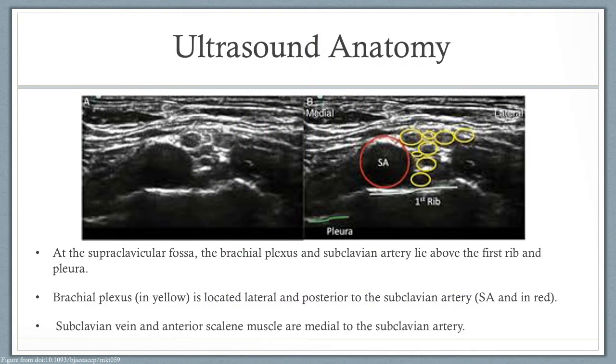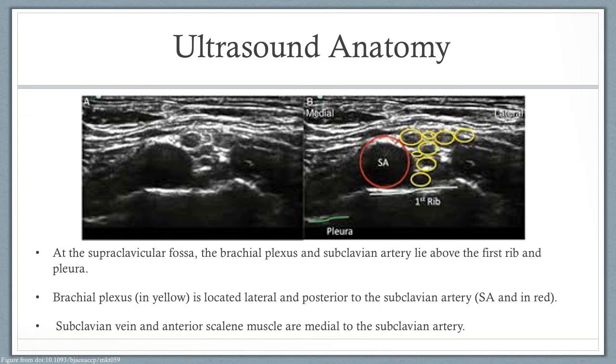At the supraclavicular fossa, the brachial plexus and subclavian artery lie above the first rib and pleura. The subclavian artery could be seen as a round, dark, or anechoic structure, and the parietal pleura and first rib can be seen as a white or hyperechoic structure deep and lateral to the subclavian artery.